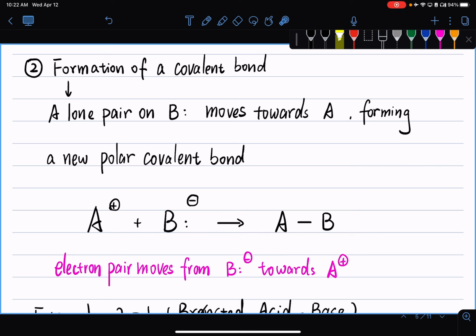Again, we're using the generalized form A and B. You can imagine an electron pair on your species B is moving towards another atom A. In this case, the electrons come solely from B to A. So this electron pair comes from anion B, attacking your cation A in forming a new covalent bond. This is more or less the reverse process of the dissociation reaction we talked about.